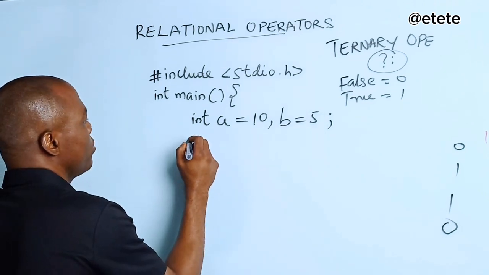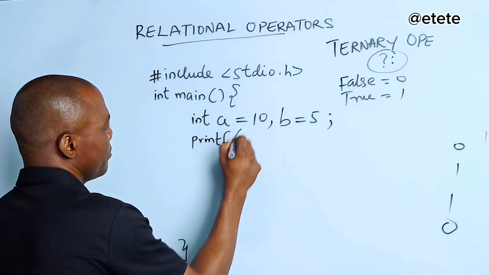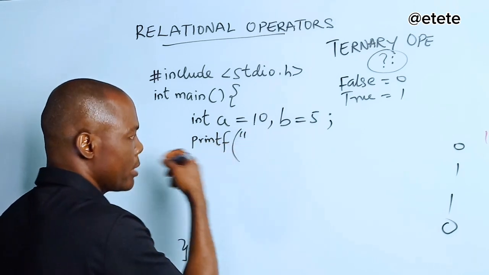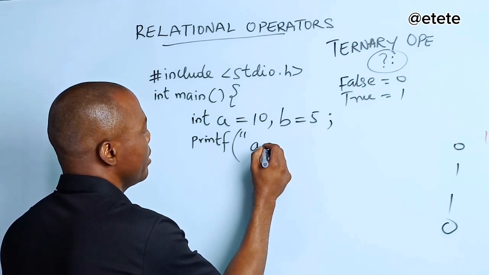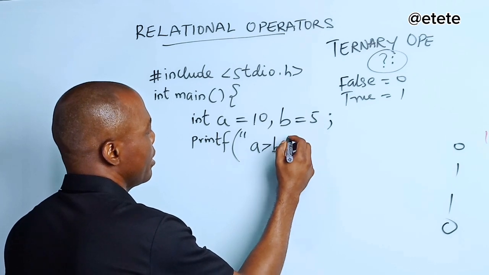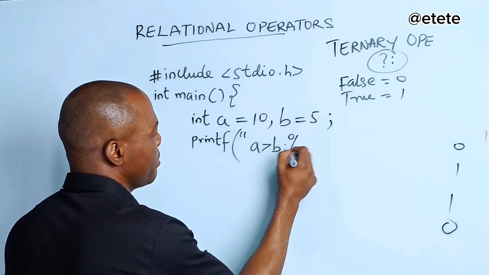Then I will do printf. Then in this place, I will say a greater than b. Then I'll put my format specifier.